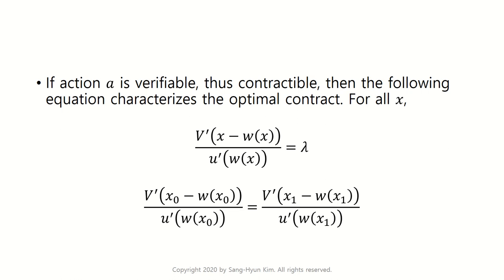So you can see all these equivalences, right? This is the way to maximize the social surplus, and this is the way to maximize the expected utility of the profit, and this is the way to share the risk optimally.